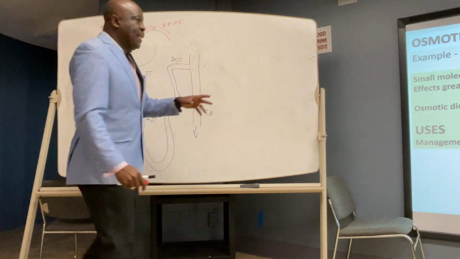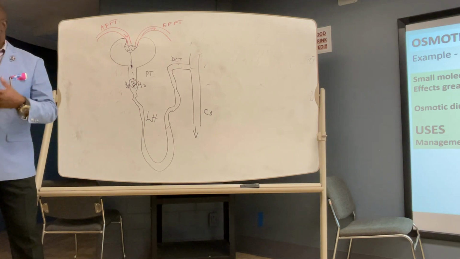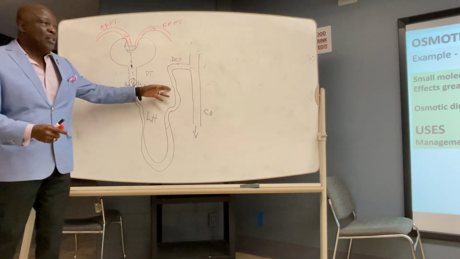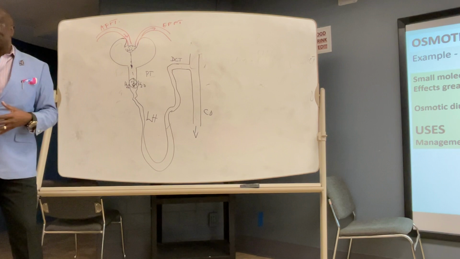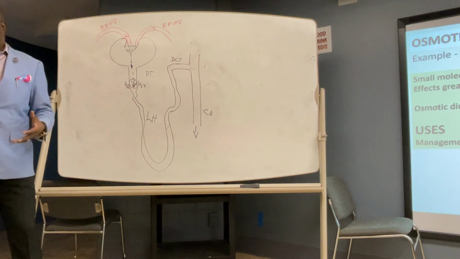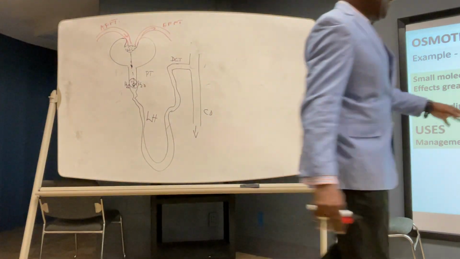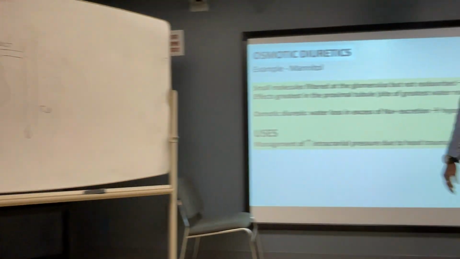So the water that is lost is greater than the amount of sodium that is lost. And that's why you end up with a hypernatremia, and you have diuresis. You also have natriuresis. Okay? You have natriuresis, you have diuresis, and you have hypernatremia.